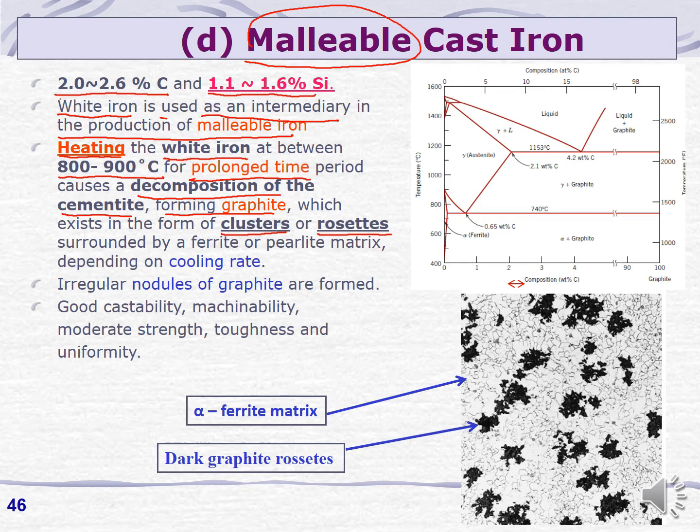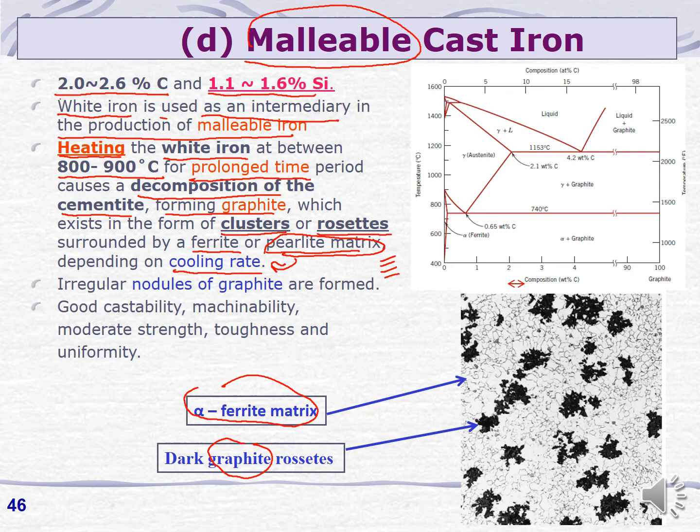And this graphite is surrounded by a ferrite or pearlite matrix depending on the cooling rate. Here you can see the rosettes or clusters of graphite structure surrounded by the alpha ferrite matrix. It can also be surrounded by the pearlite matrix. Pearlite is alternating layers, and it depends on the cooling rate.